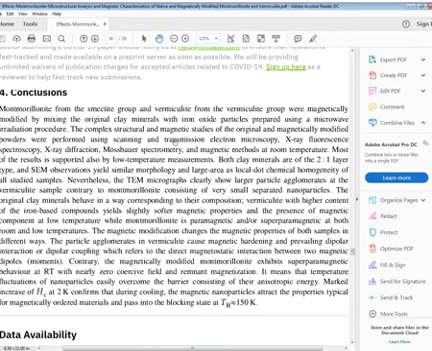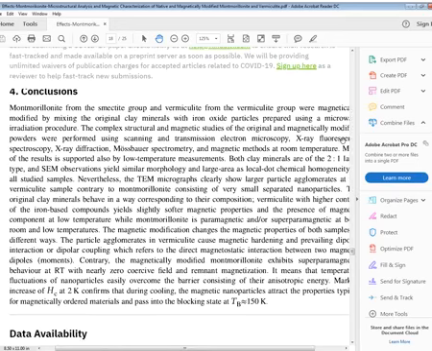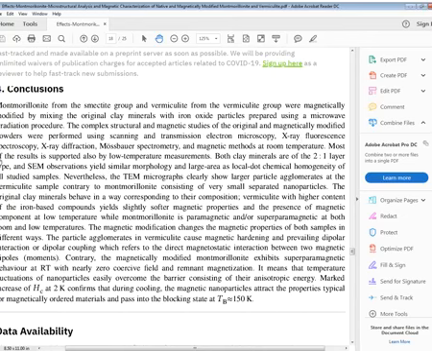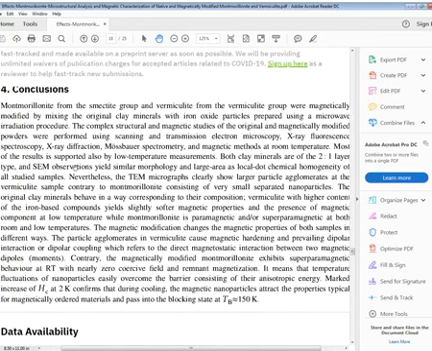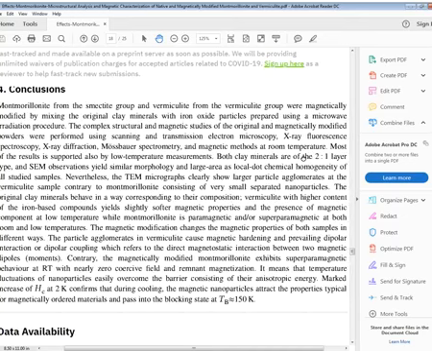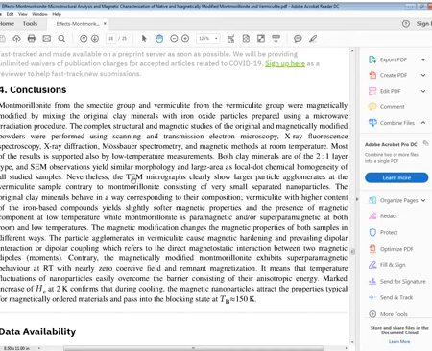Complex structural and magnetic studies of original and magnetically modified powders were performed using scanning and transmission electron microscopy, X-ray fluorescence spectroscopy, X-ray diffraction, Mössbauer spectrometry, and magnetic methods at room temperature. Most of the results were supported also by low temperature measurements.